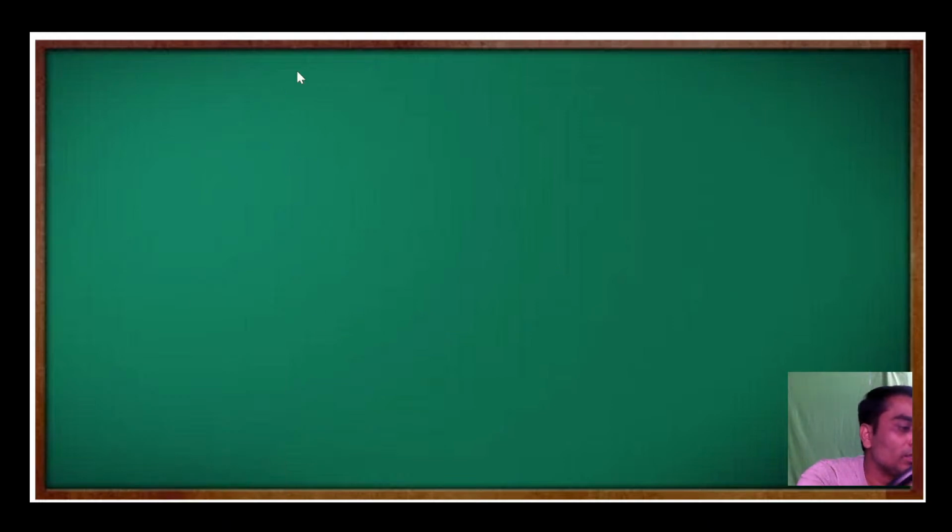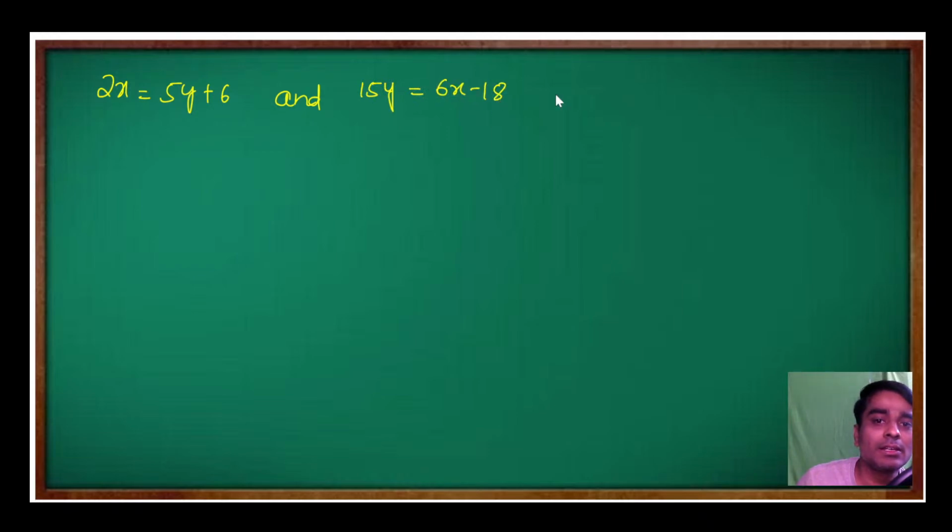So one more: the pair of linear equations 2x equal to 5y plus 6 and 15y equal to 6x minus 18 represent two lines.